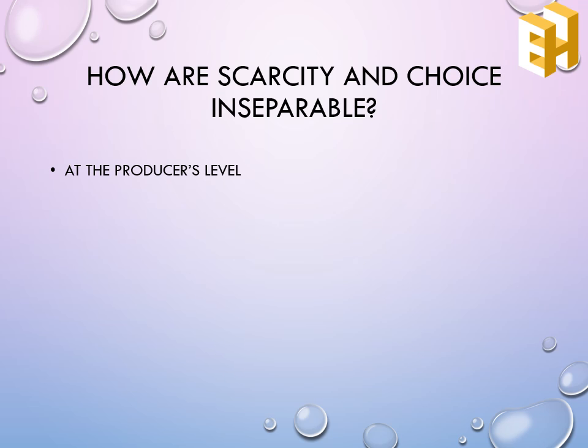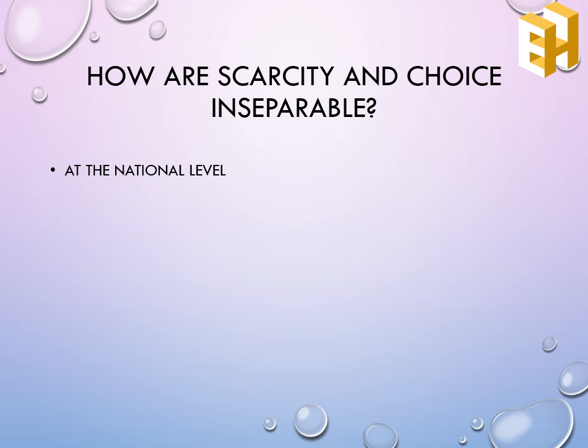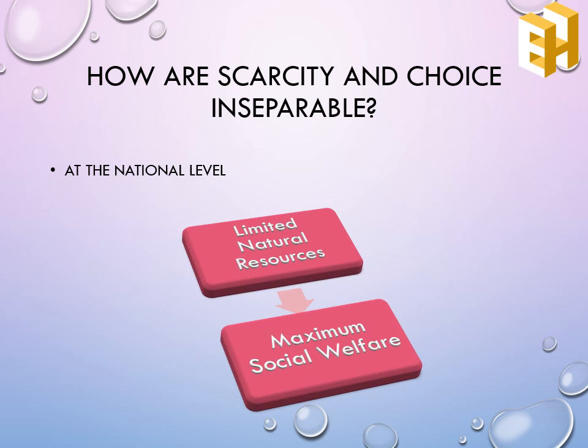At the producer's level, scarcity arises from the limited resources, say the raw materials, etc., which are required in the process of production. So the producer chooses to allocate those resources in such a way which would maximize his profits. Lastly, the national level. Scarcity on the national level arises from the limited natural resources.